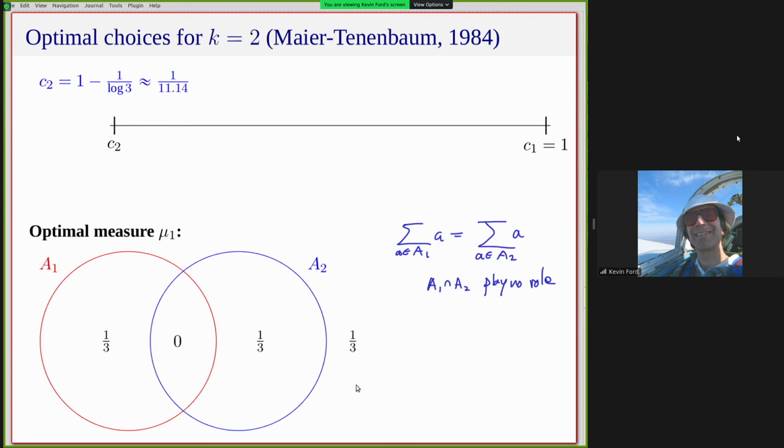What does that correspond to? Well, you have an integer, and you take a random divisor of that integer. Let's say the integer has m prime factors. You take a divisor, and then you take another divisor at random, and you look at the Venn diagram, and then with high probability, you will have 1/3 of the elements in one, 1/3 of the elements in the other, and 1/3 of the elements either in the intersection or outside.